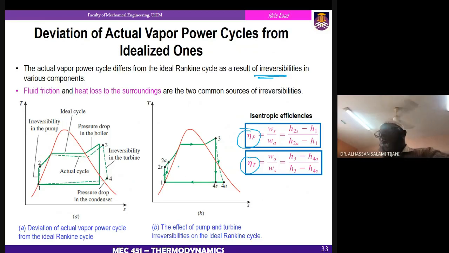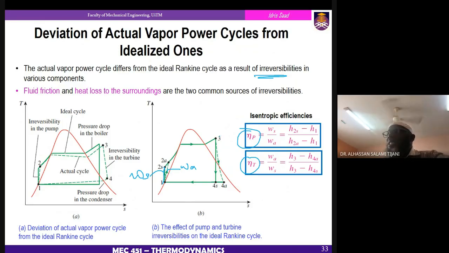Now, if you consider the pump, the isentropic efficiency for the pump equals the reversible work, which is Ws, divided by WA. And WA is the actual work input to the pump.